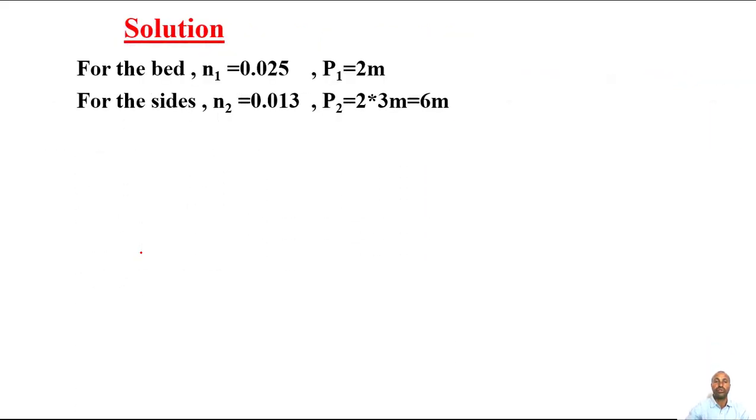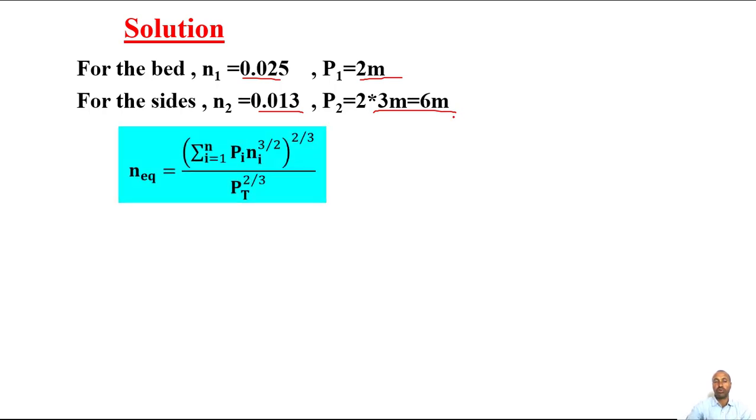So let us see the solution, very simple. For the bed, N1 is given 0.025, P1 you take only 2 meter, for the side N2 this one, P2 this one. So according to Horton's formula, we will use the average velocity and average subsection velocity equals an assumption.